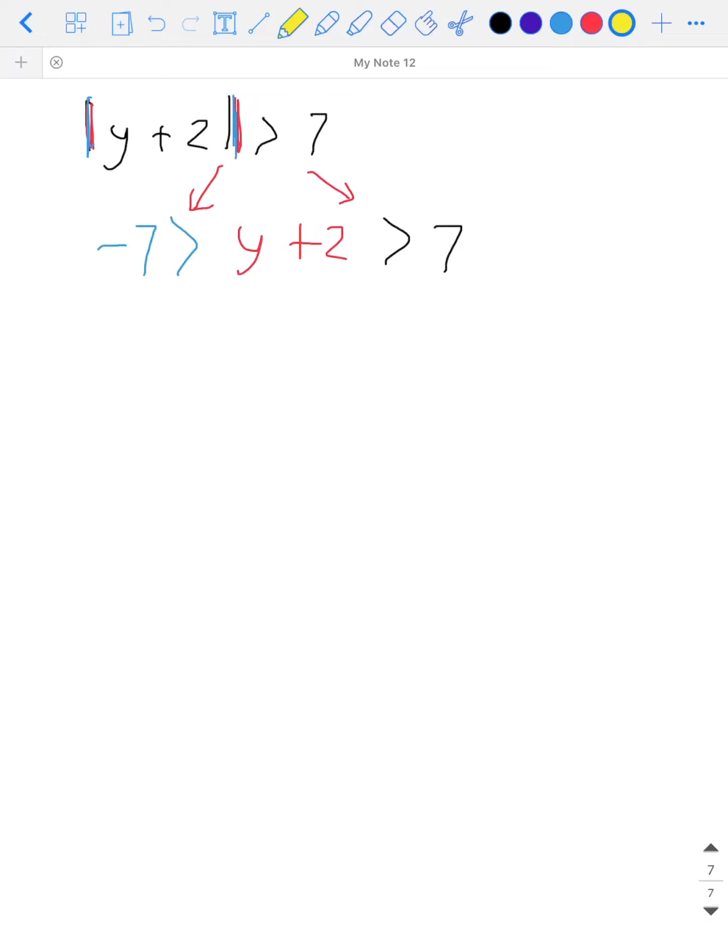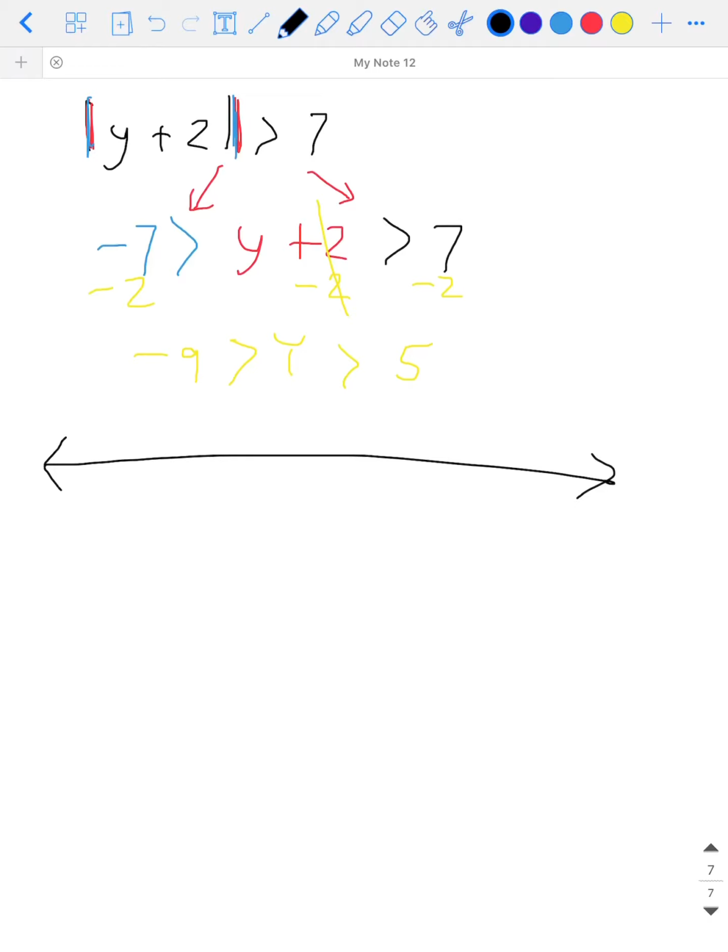And from here, it's just regular work. Subtract 2 from both sides. This cancels out. Y is greater than 5. And this is negative 9. So on the number line, this part of the equation tells us that y must be less than negative 9.